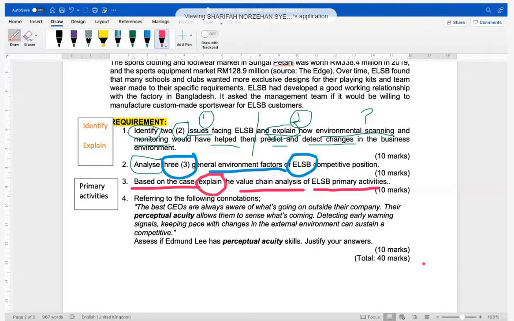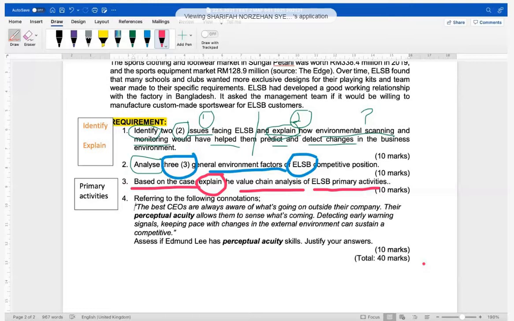So you need to identify those activities and explain them in the context of ELSB. Even if you know that the primary activities are inbound, operations, outbound, what else do you have? Sales and marketing, and after-sales service, basically.